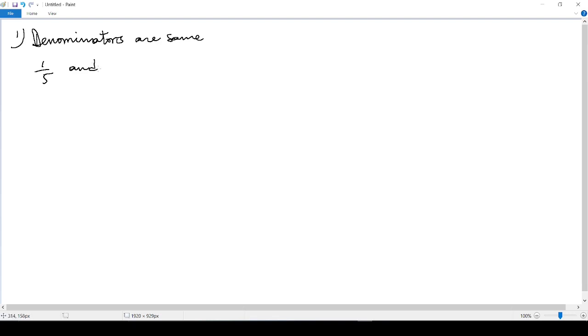For example, if I have 1 over 5 and 3 over 5, since we have the same denominator, I can compare them. 1 over 5 is less than 3 over 5.